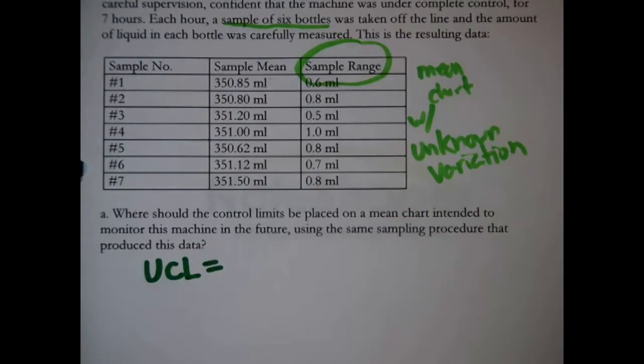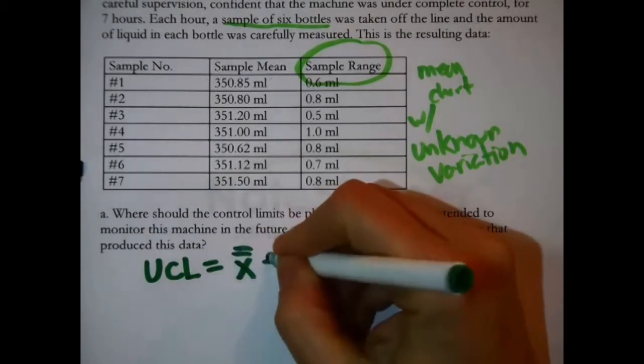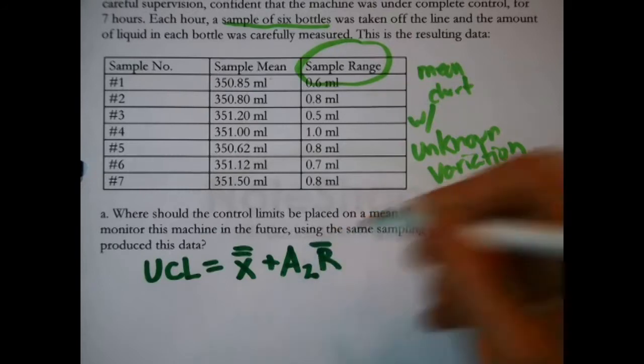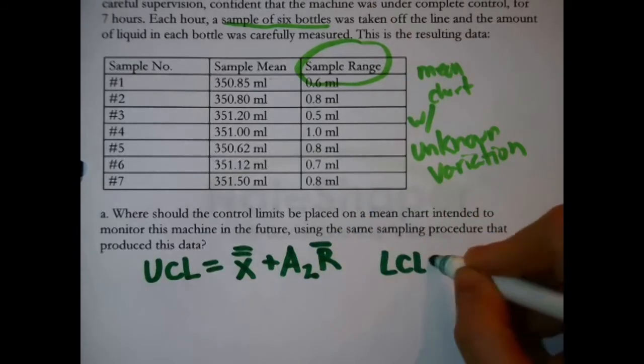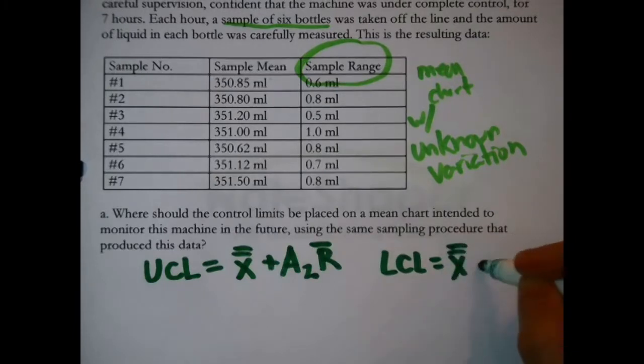The upper control limit of a mean chart like that should be x double bar plus a factor called A2 times R bar. And the lower control limit should be x double bar minus A2 times R bar.